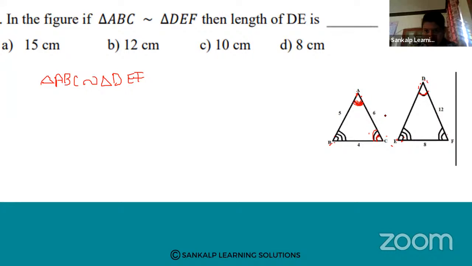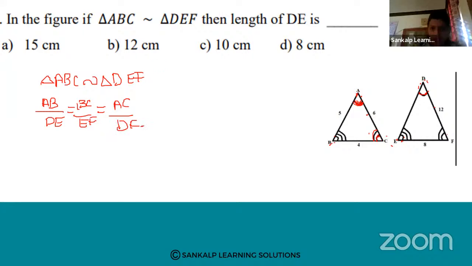So this side has a corresponding side, and for this side the corresponding side will be DF. Therefore we can write it as AB divided by DE, BC divided by EF is equal to AC divided by DF.